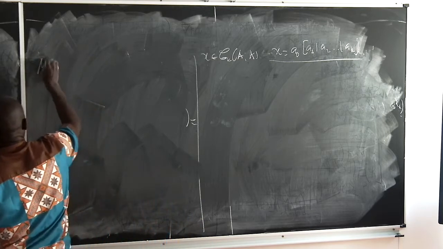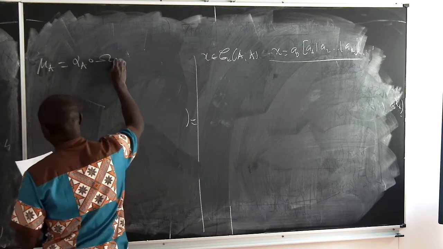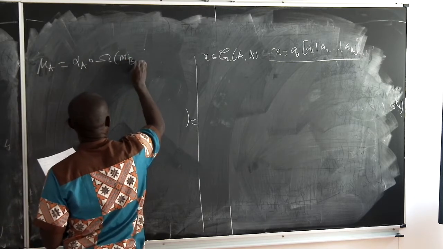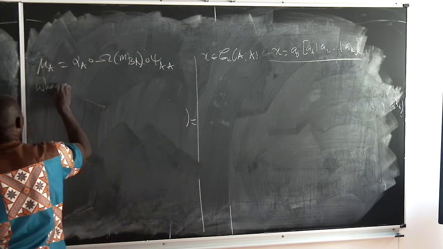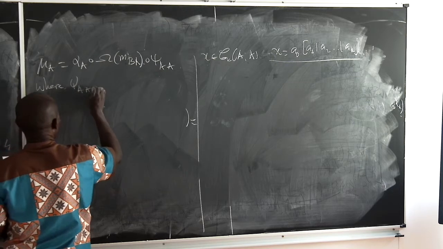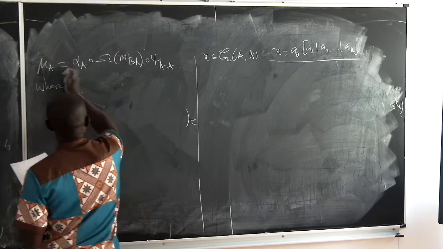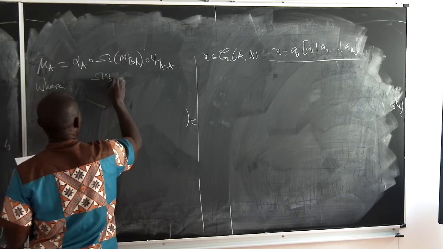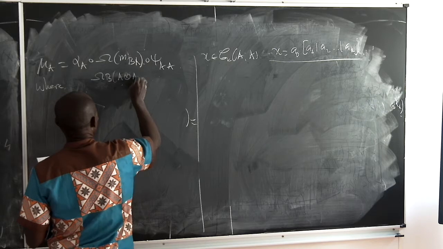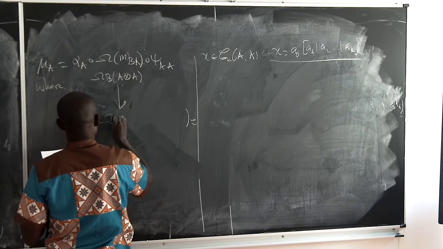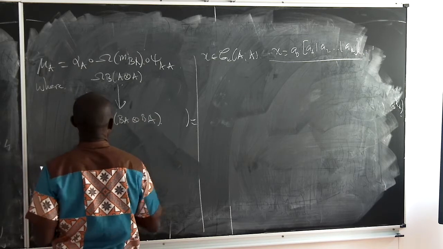So our mu A is equal to alpha A composite by omega of MBA composite by psi A, where psi A is just a map from omega B of BA tensor A to omega BA tensor BA. Okay, psi A.